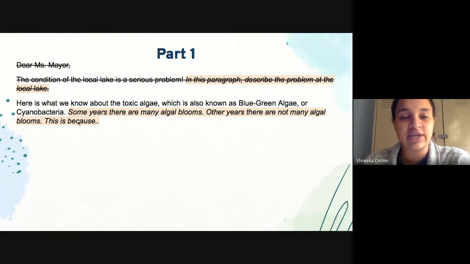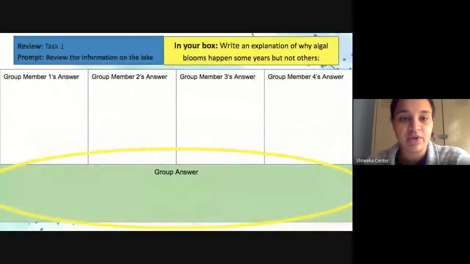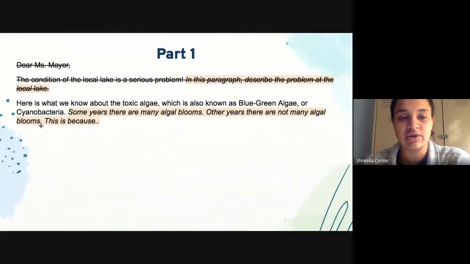You can use the sentence starter. So some years there are many algae blooms, other years there are not that many algae blooms. This is because, why? You're going to use the information in this group answer to complete this sentence here. This is because.